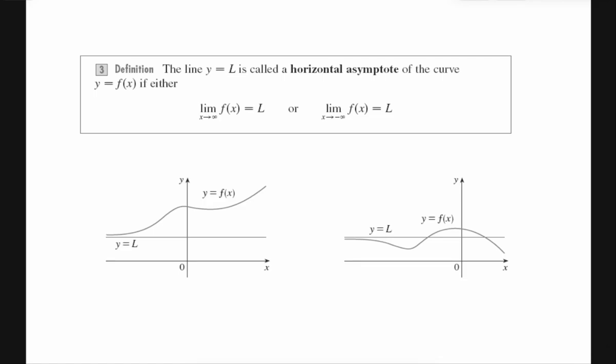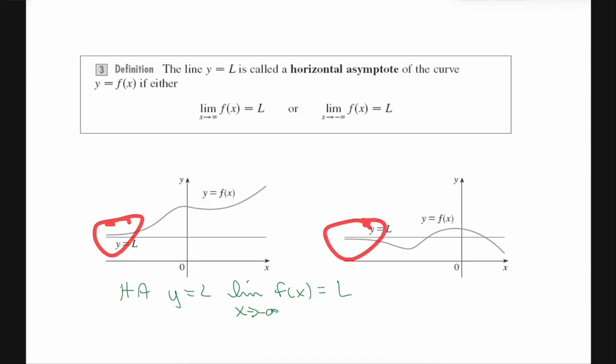So they're just saying that end has some horizontal asymptote if, as we go to the left, we head to that, or as we go to the right. So this one has a left end behavior of L. This one has a right end behavior. So both of these, we would say, has a horizontal asymptote at L. This is the limit as x goes to negative infinity of our function is L. Now, sometimes we have only a left end or right end horizontal asymptote.